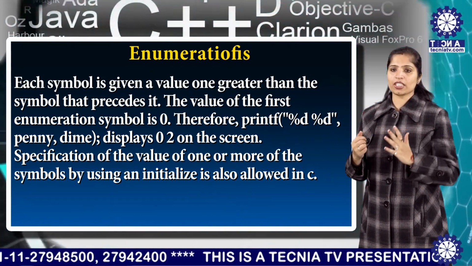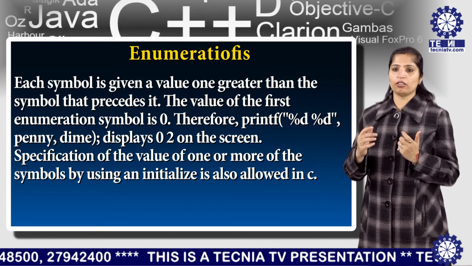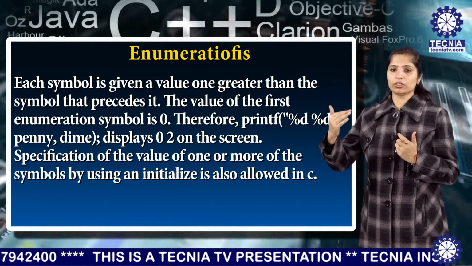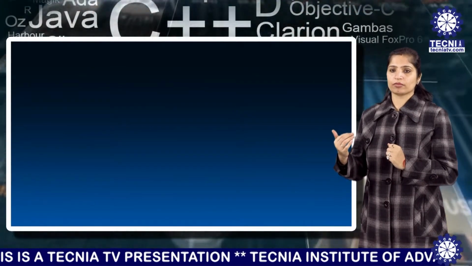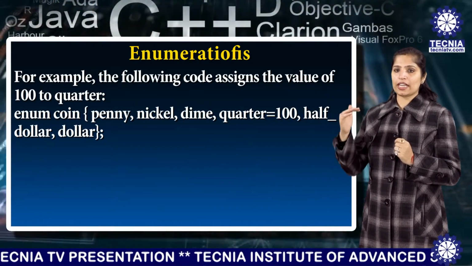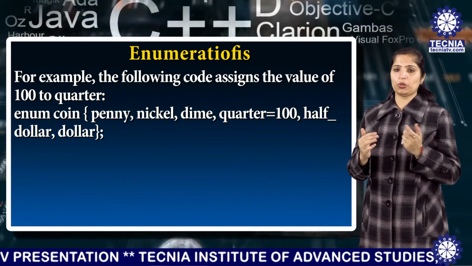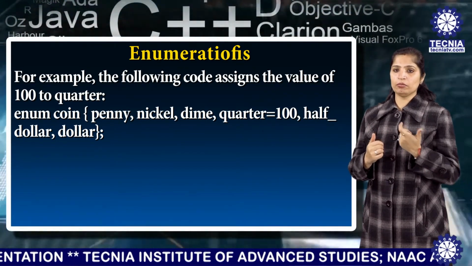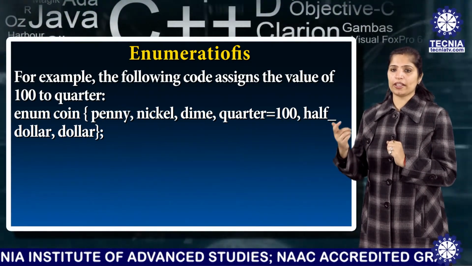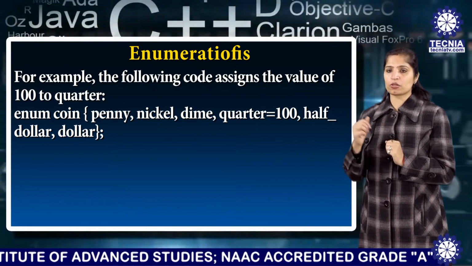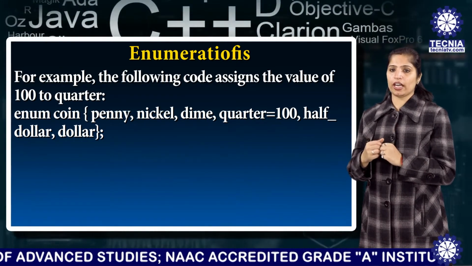The specification of the value of one or more of the symbols by using an initializer is also allowed in C language. For example, the following code assigns the value of 100 to quarter, like enum coin, in the curly braces penny, nickel, dime, quarter equals 100, half dollar and dollar.